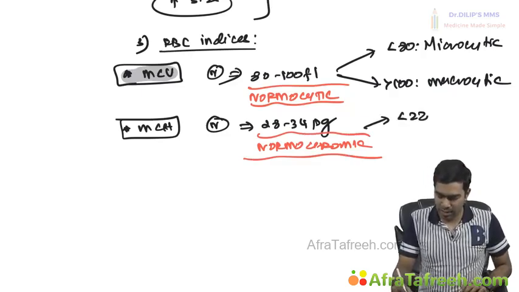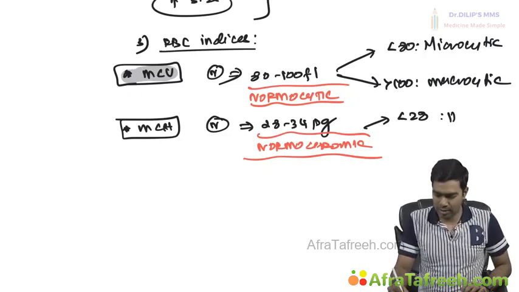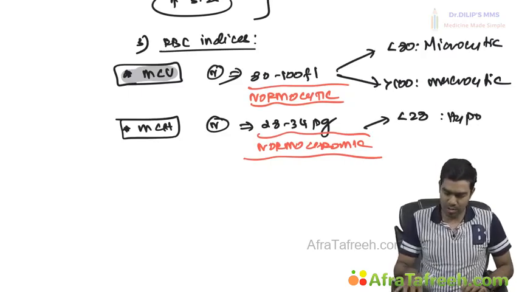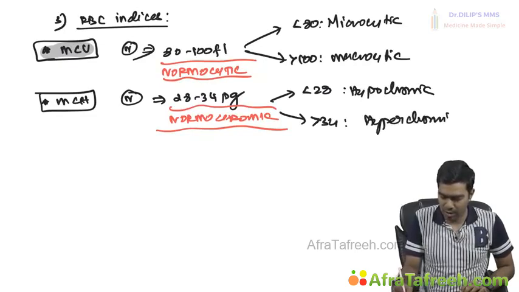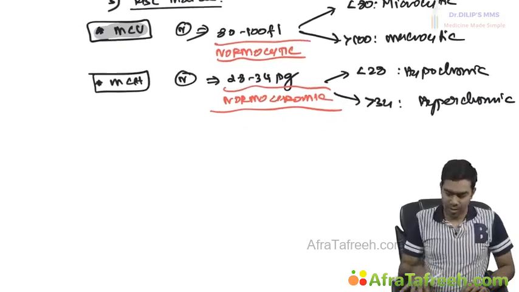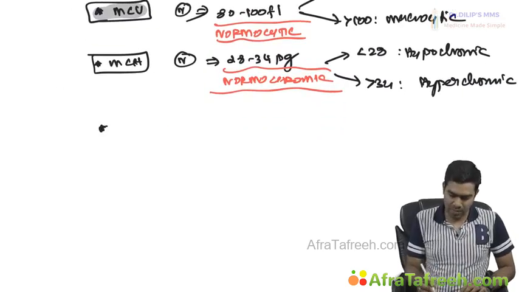If it is less than 28 picograms, I am going to call it a hypochromic picture, or if it is more than 34 picograms, we are going to call it a hyperchromic picture.